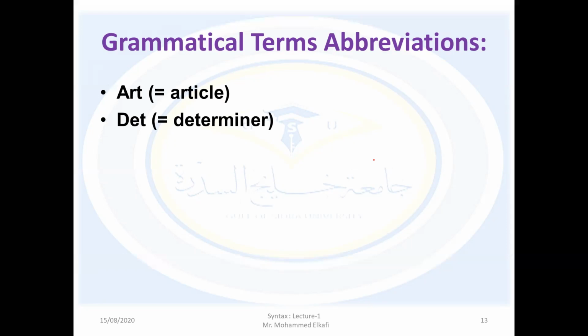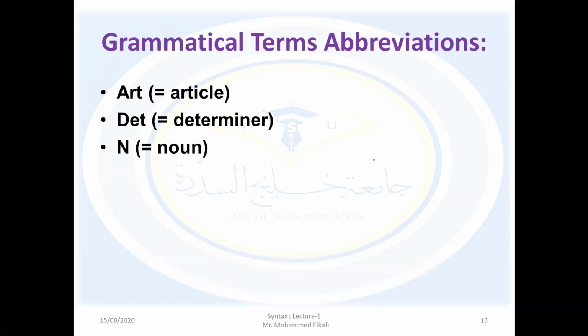Okay. So here we have articles and determiners, and we have some other types of determiners. But just to add something here, articles and determiners are described or are known as what? A type of adjectives, because they describe a noun, they add more to the noun.